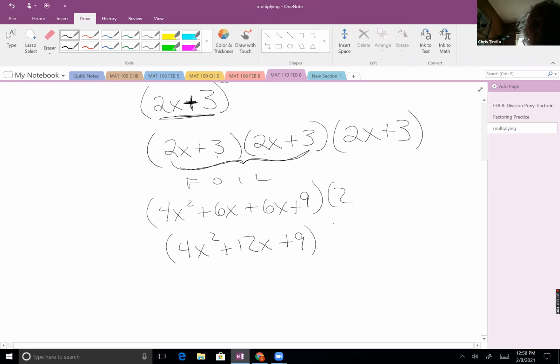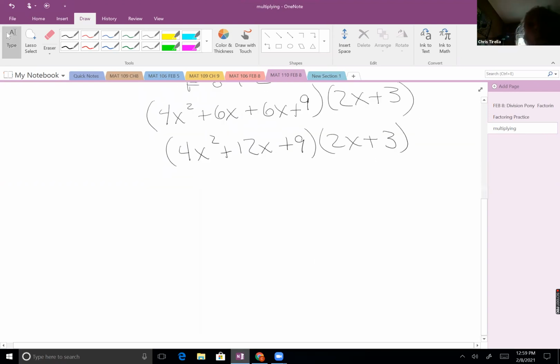And now we still have to multiply that by the third one, by the other 2x plus 3. And in order to do that, we said we had to distribute. We have to take the 4x squared and multiply it by the 2x plus 3. We have to take the positive 12x and multiply it by the 2x plus 3.